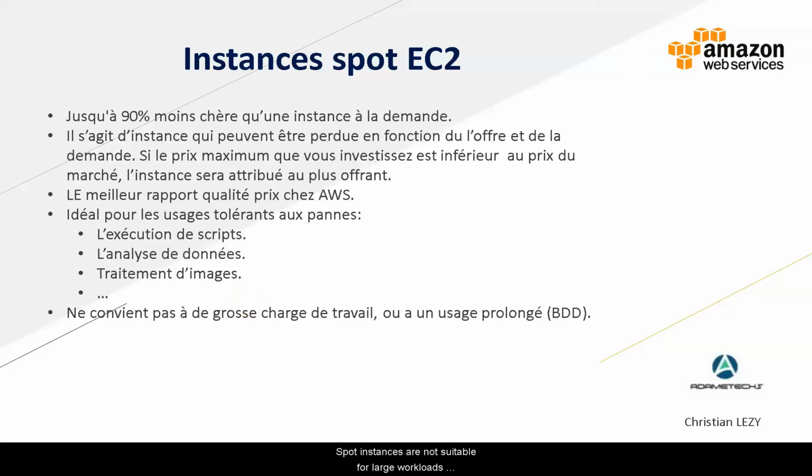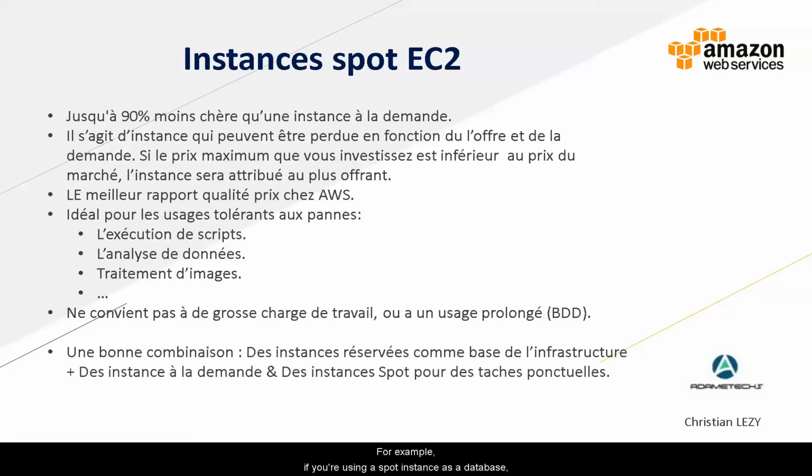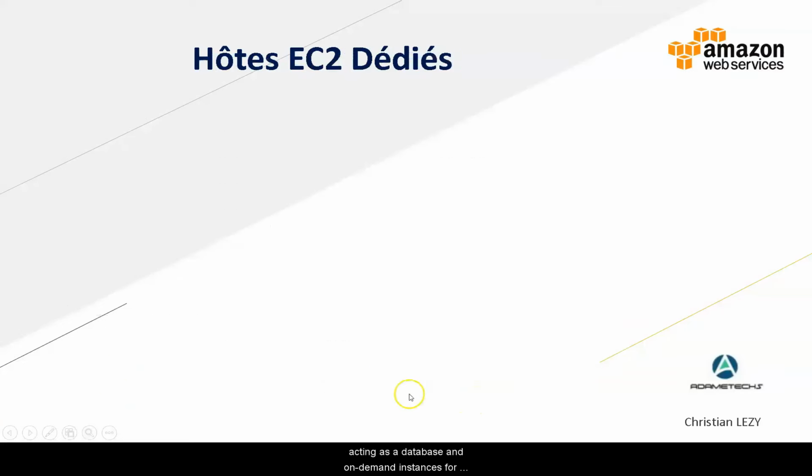Spot instances are not suitable for large workloads or long period of times, since the instance can be lost. For example, if you're using a spot instance as a database, it's even possible to lose the contained data. A good combination would be to have dedicated instances acting as databases and on-demand instances for more occasional tasks.